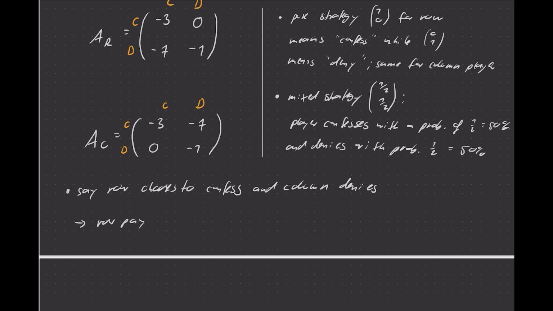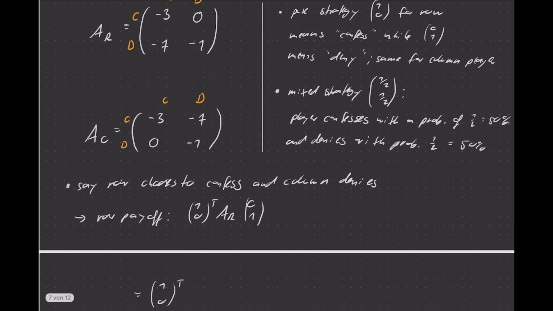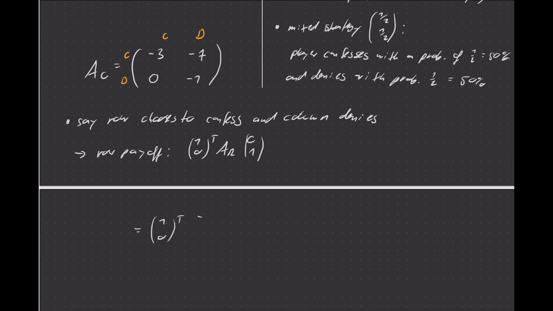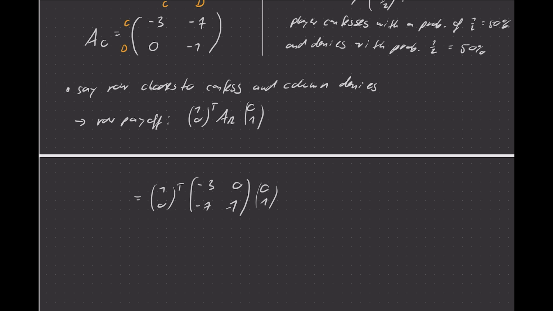And for Row, the payoff is then determined as when the Row player confesses, so the strategy is 1-0, transposed, A_R times, and the column player denies, so the column strategy is 0-1. So that will be 1-0 transposed. The matrix A_R is right here, -3, 0, -7, -1, sorry. Times 0-1, and what will we get?